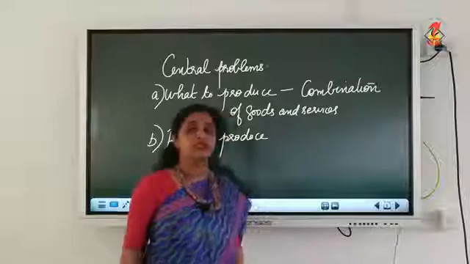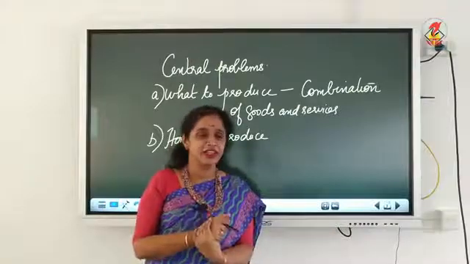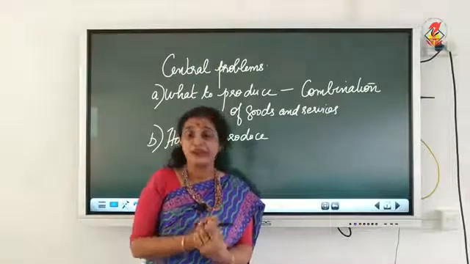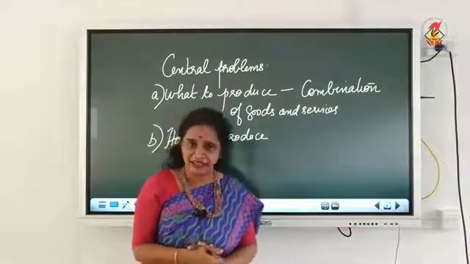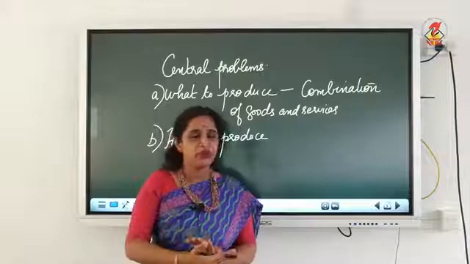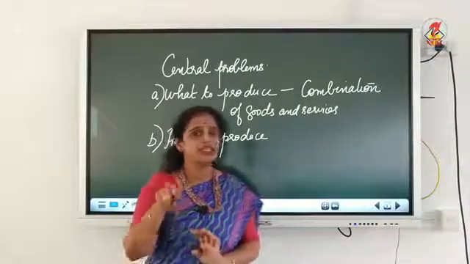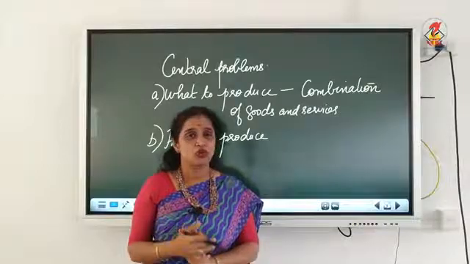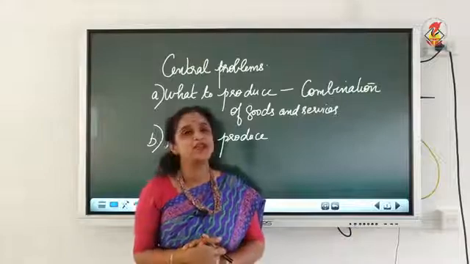You have learned in class 11 about the production of guns and butter. Just recollect what you have learned. The economy has to produce all the goods, so what type of goods and in what quantity has to be decided. So, the combination of goods to be produced should be decided by the government to solve the central problems.